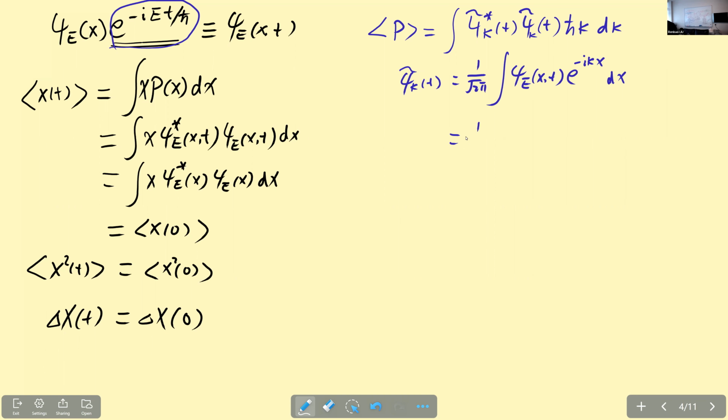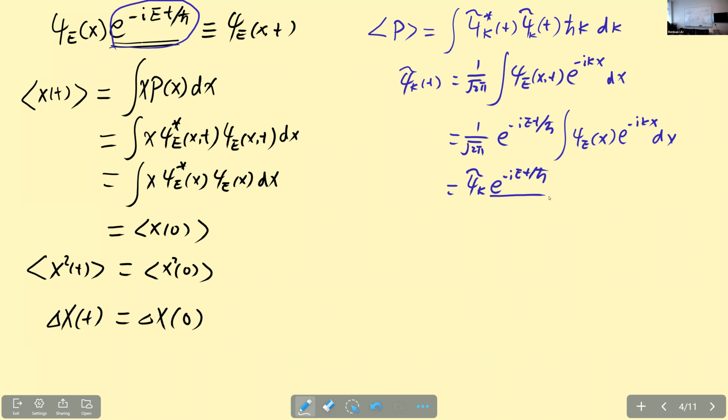So this phase factor does not depend on the position, so it can be put outside of the integration. So what's inside is going to be just simply this one, right? Okay. So you can see that this is nothing but ψ tilde(k) times e^(-iEt/ħ).